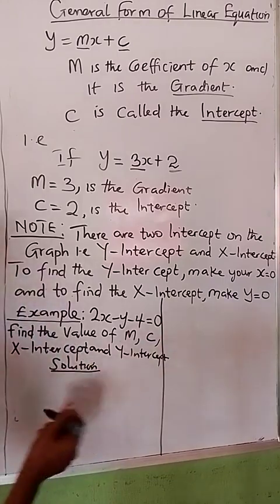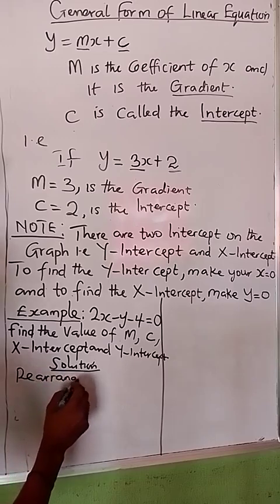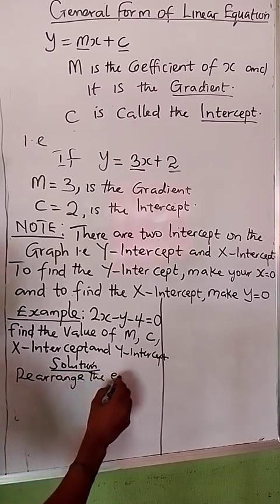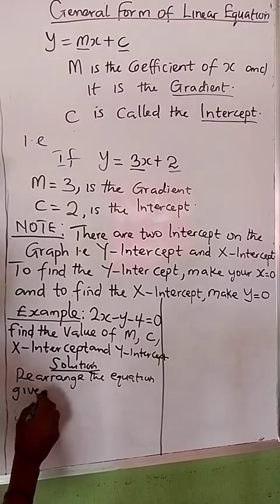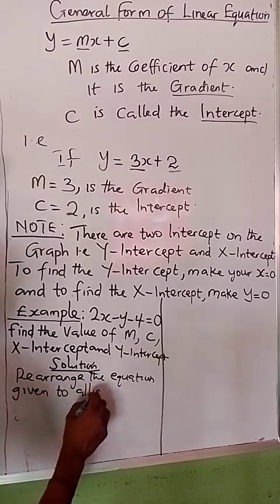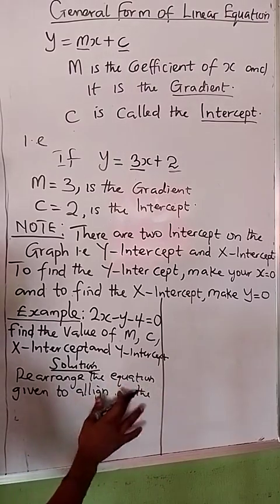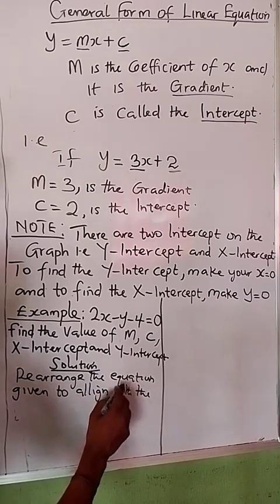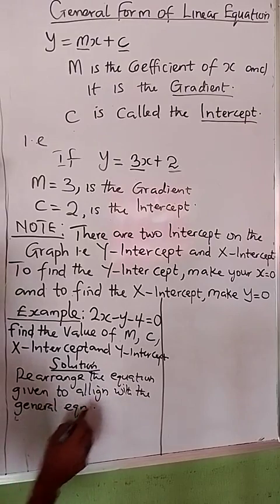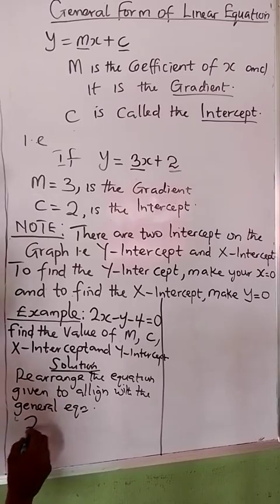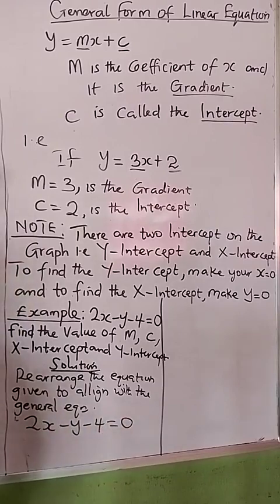Alright, so remember, the first thing you do is rearrange the equation given to align with the general equation. So this is 2x minus y minus 4 equals 0.